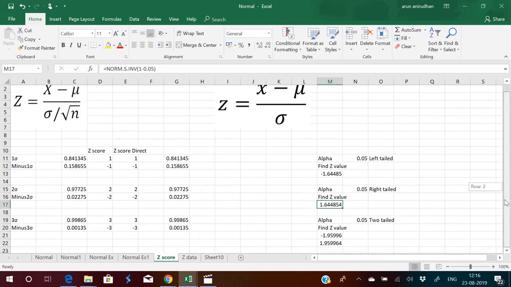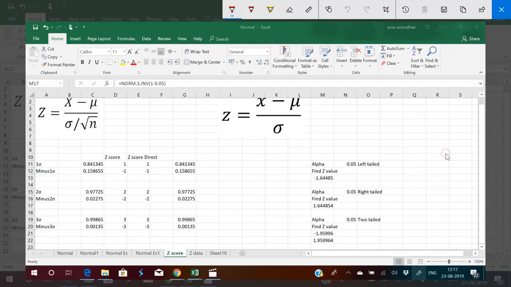Suppose you have got a two-tailed test, that is not equal to. So it can be either less than or greater than. Here you are given the alpha value as 0.05. So your distribution is to both right and left.